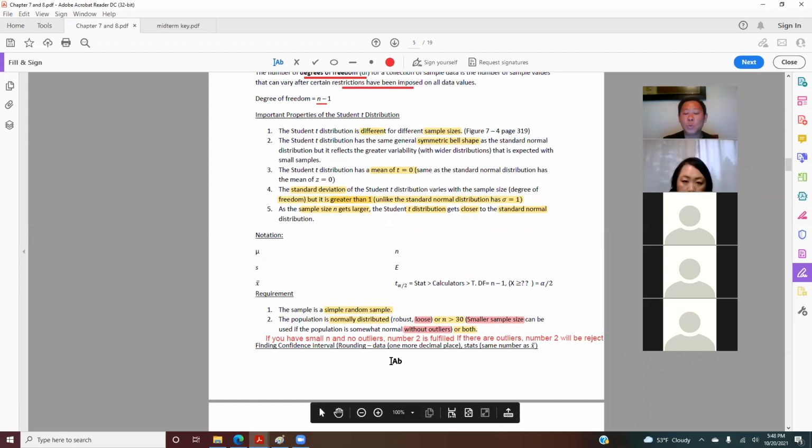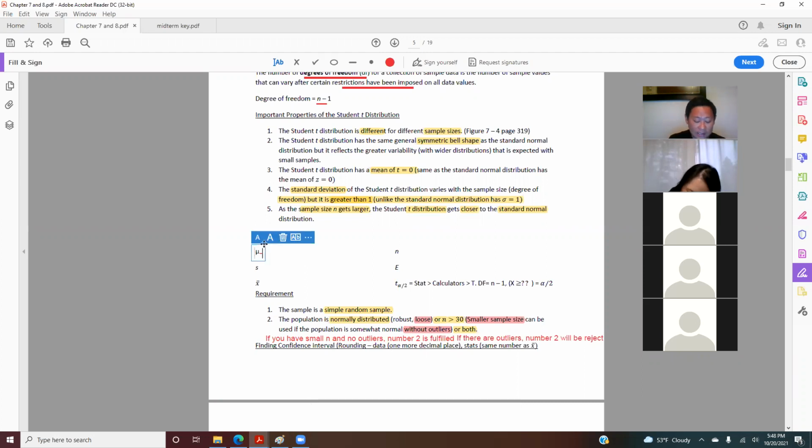So what do we do? We're going to do some notation here. So mu in this case is the population mean. S is called the sample standard deviation. X bar is called the sample mean.